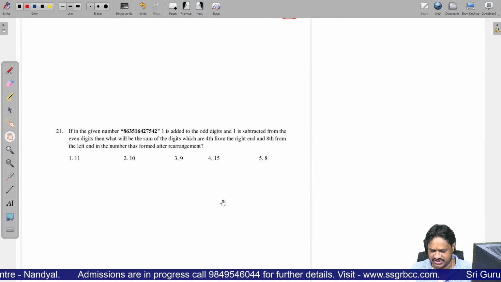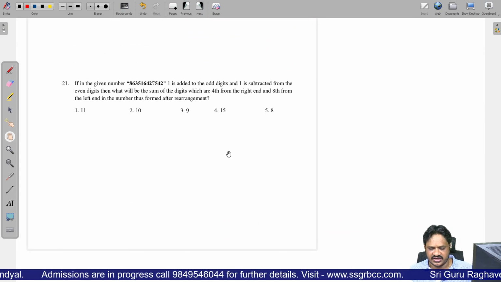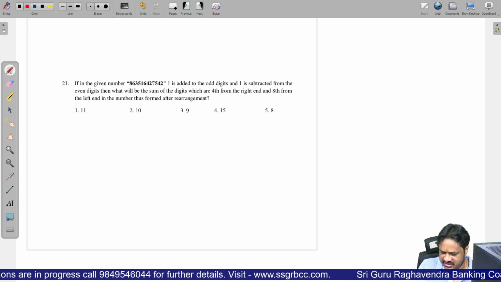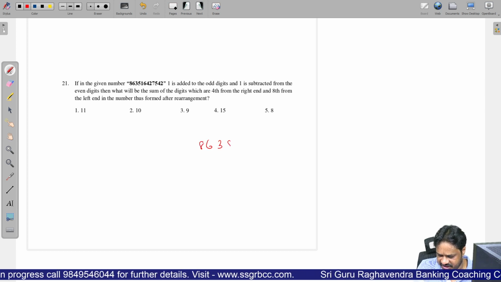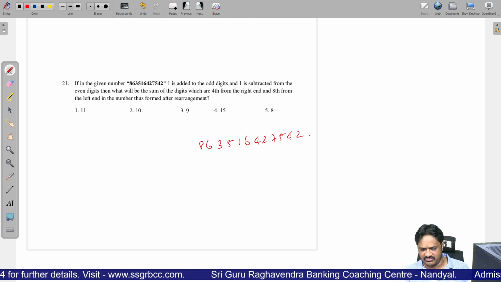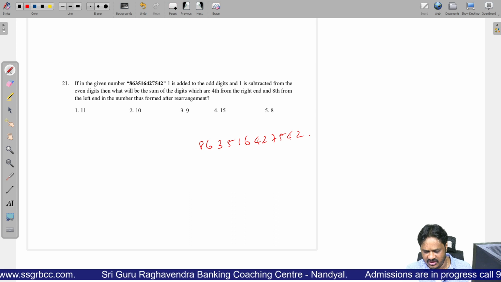Let us see the next question. In the given number 863516427542, what should we do? One is added to all odd digits and one is subtracted from all even digits.